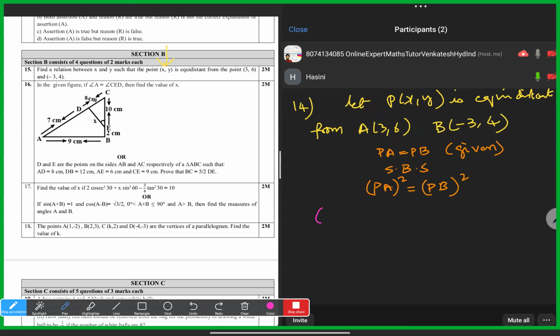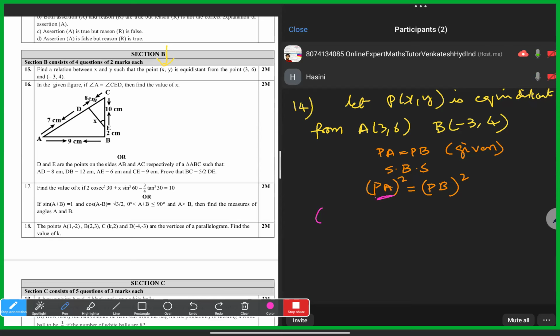Whatever was inside the square root, that has to be written. So -3 plus 3 whole square, sir. No, Hasni. How minus 3 plus 3?